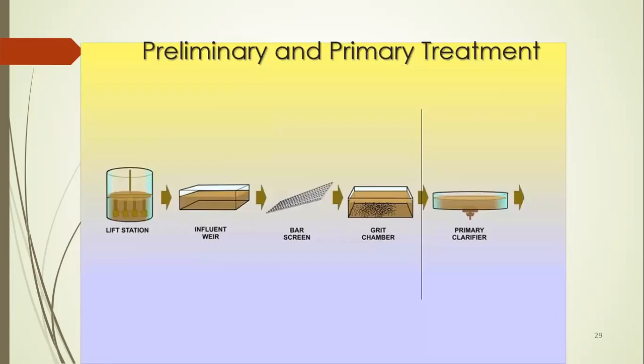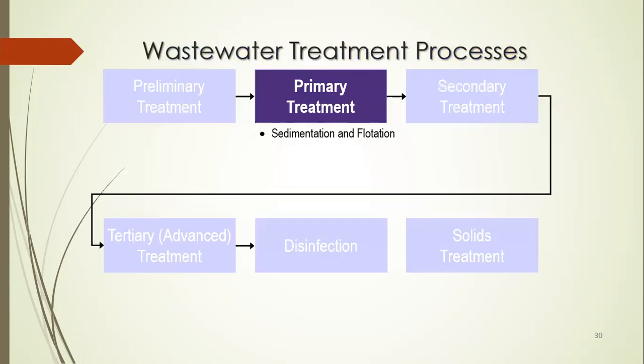Right. So after the grit chamber, the wastewater enters the primary settling tank, or here you can see we even call it primary clarifiers, to remove the relatively smaller particles.